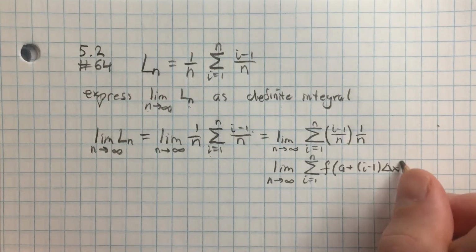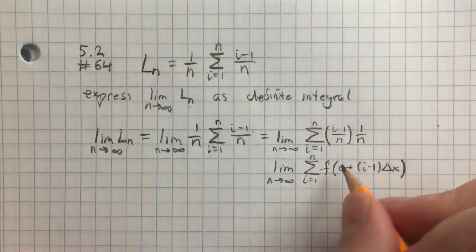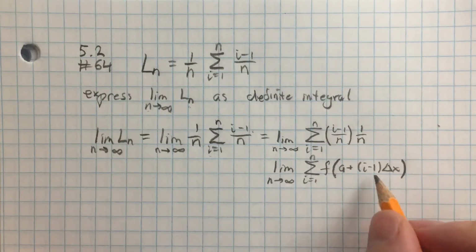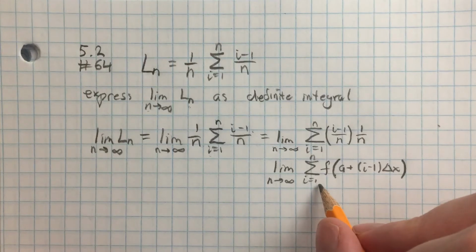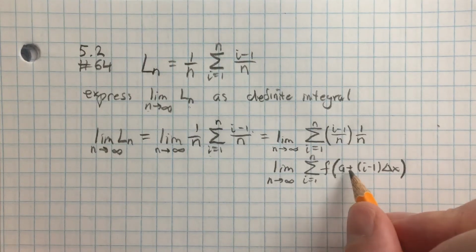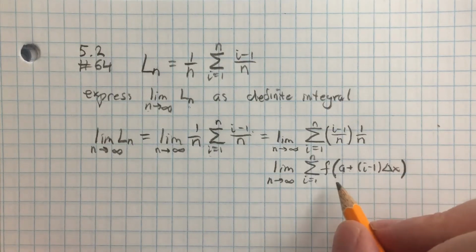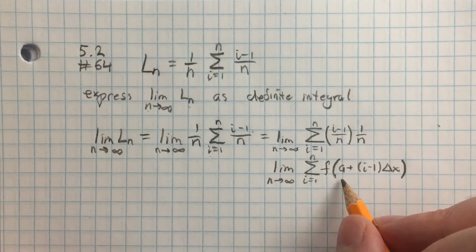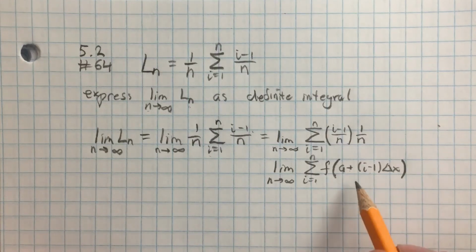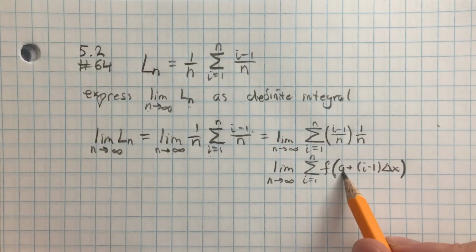delta x. Okay. If it had been a right endpoint, I would have just written i delta x because when i is 1, I'd have the starting point plus 1 delta x on n, which would give me the right-hand side of the first rectangle. But since I'm dealing with the left endpoint of the first rectangle, my first rectangular left endpoint should be a itself. It should be the starting point of the interval.